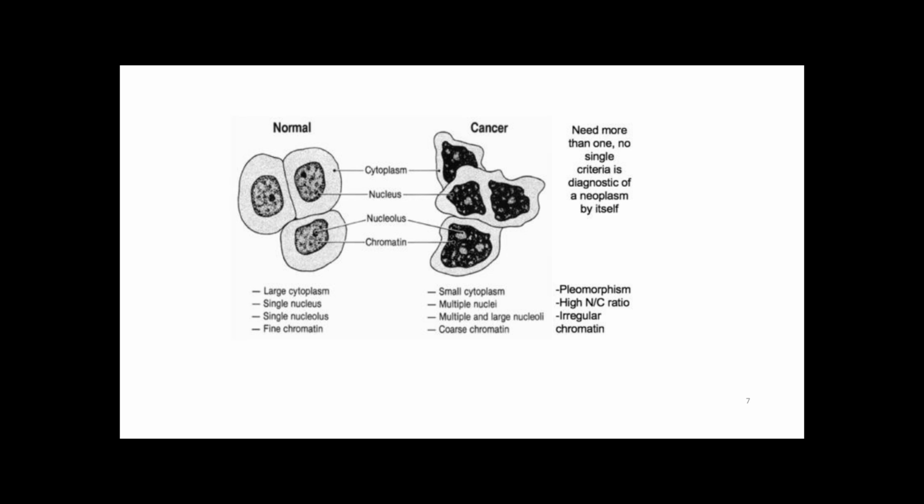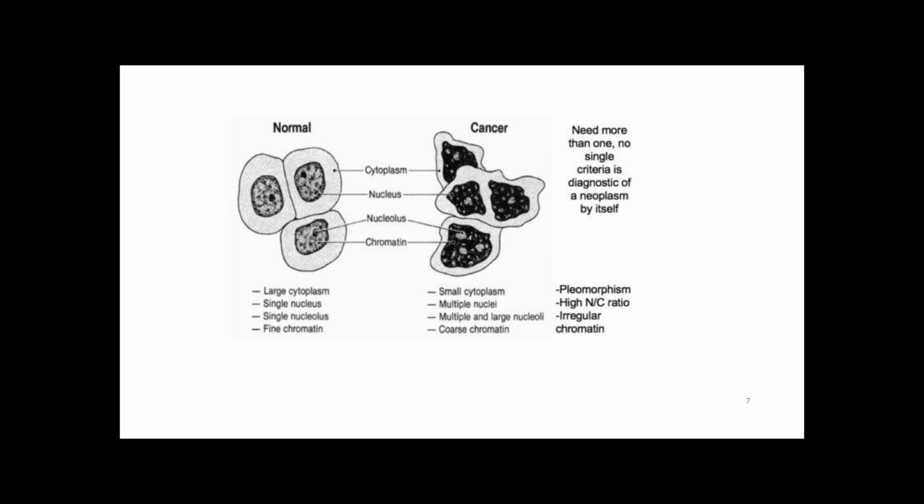Right, here is another comparison of normal and cancer cells. Normally, the normal cell cytoplasm is larger. We can see a single nucleus, and a single nucleolus also we can observe. When we consider the chromatin, it is fine chromatin, evenly distributed.